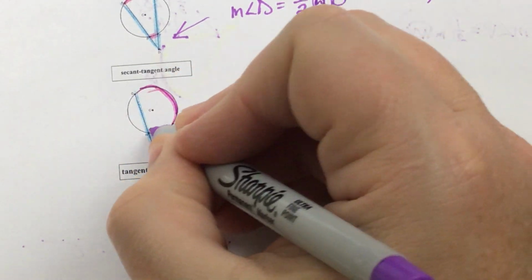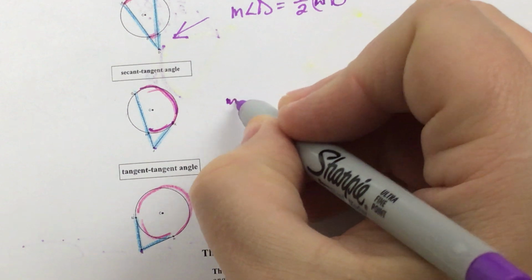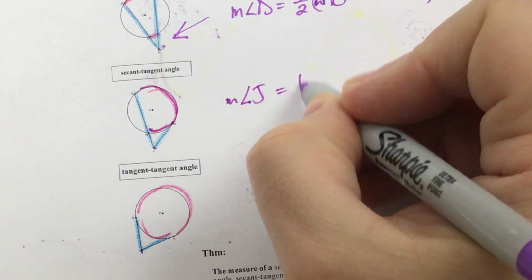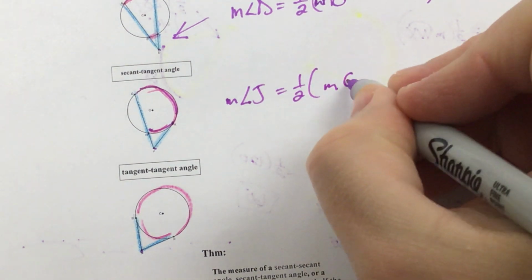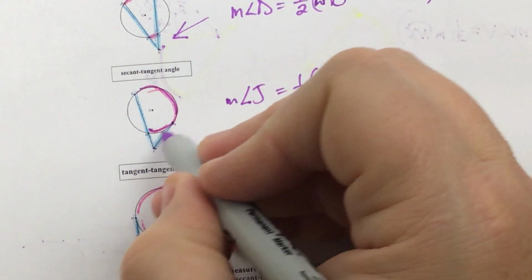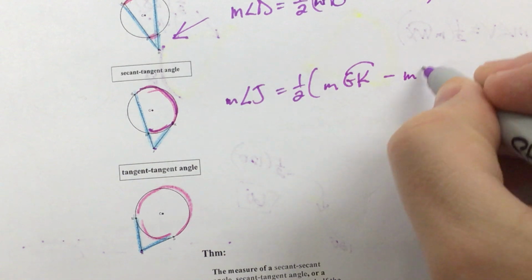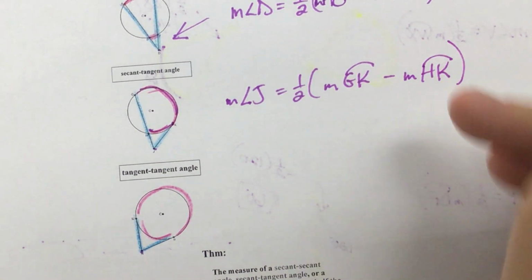In this picture, again, it's chomping on this arc and this one. So to find the measure of angle J, it's half, again, the difference. So the bigger arc would be arc GK, minus the smaller arc here, which would be arc HK.